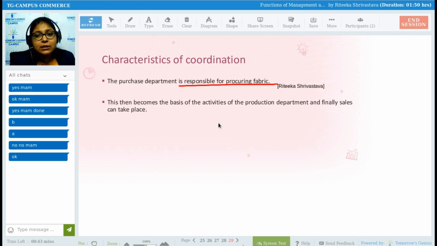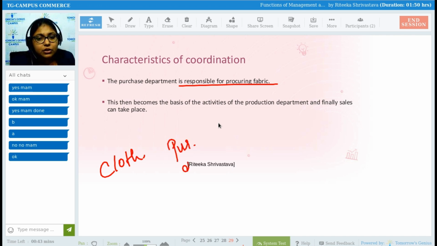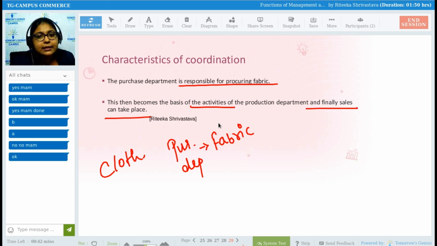Purchase department is responsible for procuring fabric. So of course, if there is a cloth manufacturing company, then it is the purchase department which has to make sure of purchasing the fabric. This then becomes the basis of the activity of the production department, and finally sales can take place. So fabric will be there, production of goods is done.